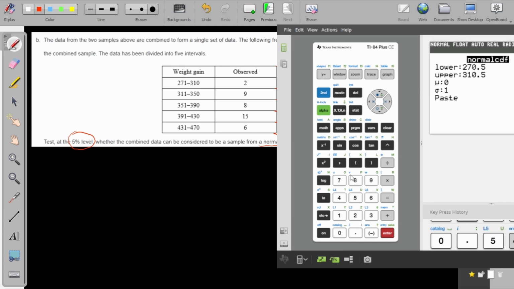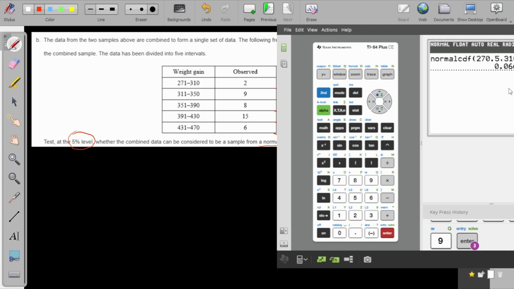Now the mean they told me is 380, and my standard deviation is 49.59. I will paste it, and I find that the probability is 0.0669.